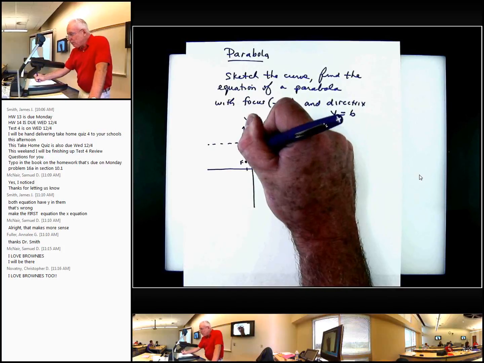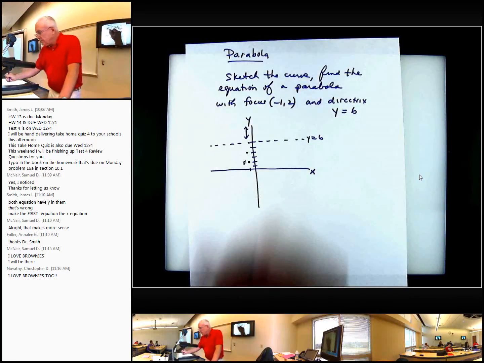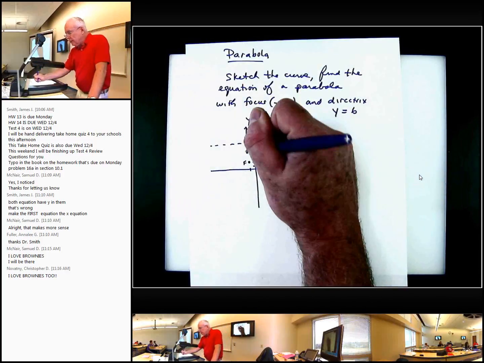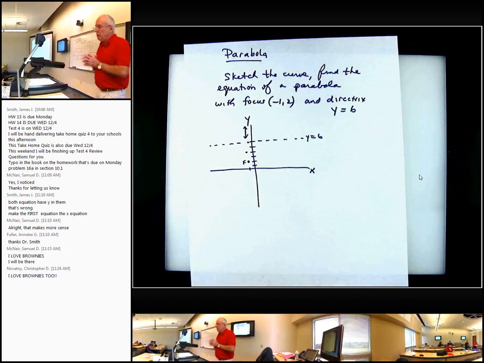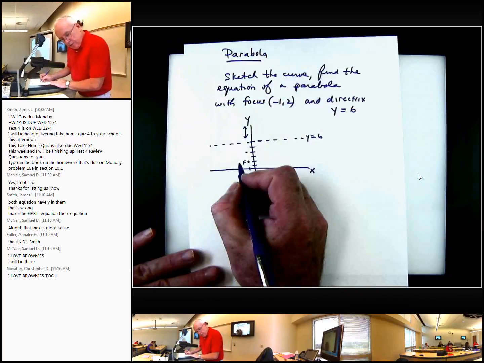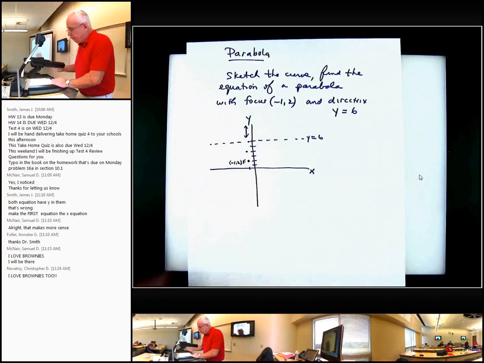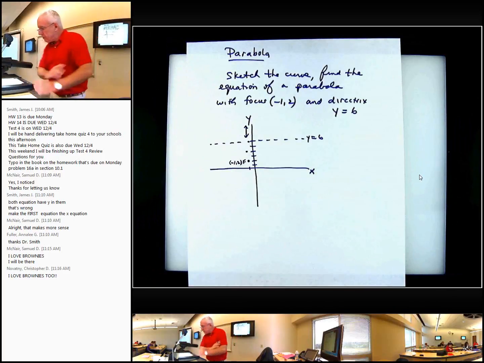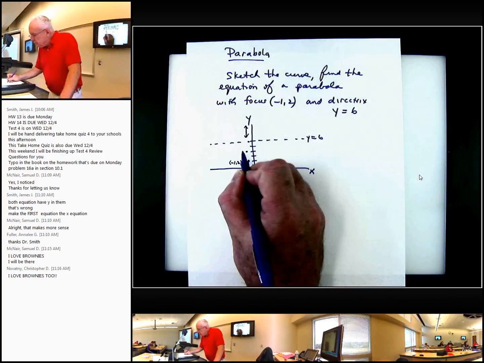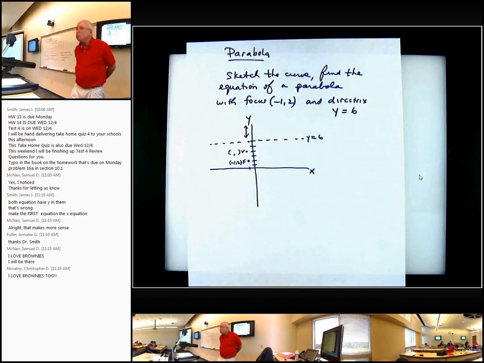So therefore, the vertex is going to be right here, and it has to be right in the middle, because its distance here has to equal its distance to the focus. So if this focus is -1, 2, and our directrix is y equals 6, let's try to figure out what would be the coordinates of that vertex that's between those two.